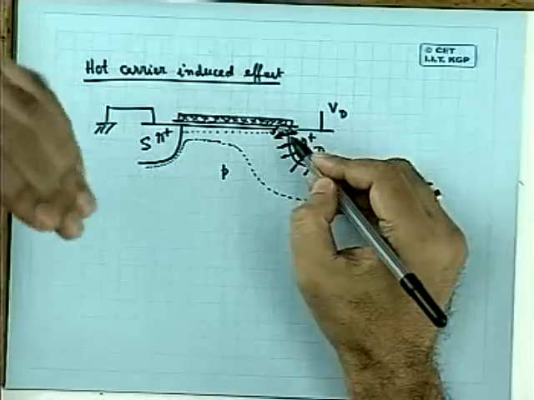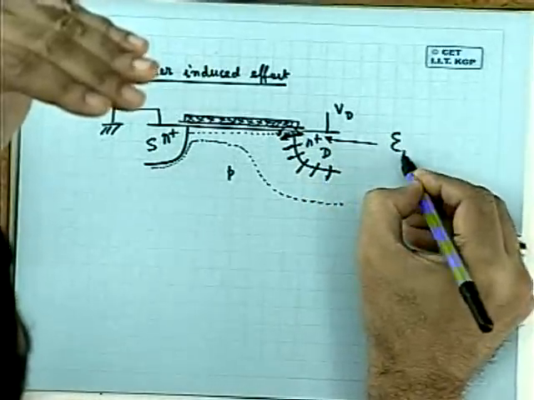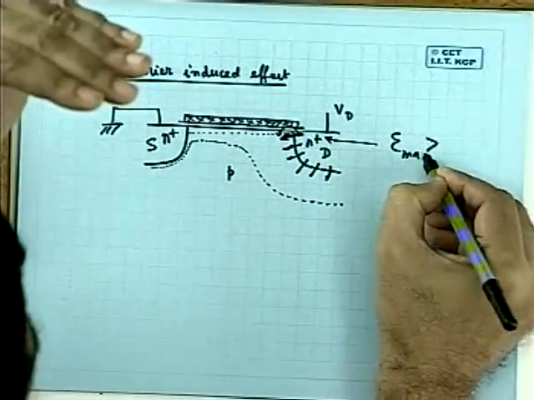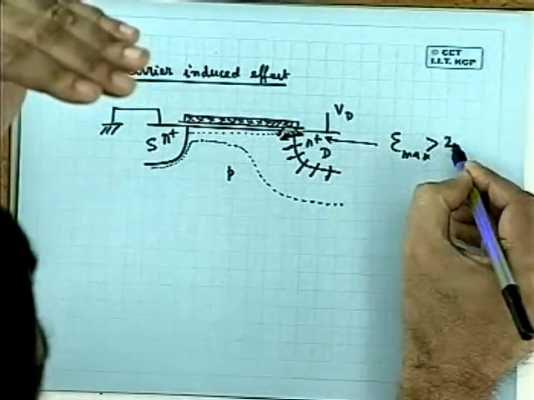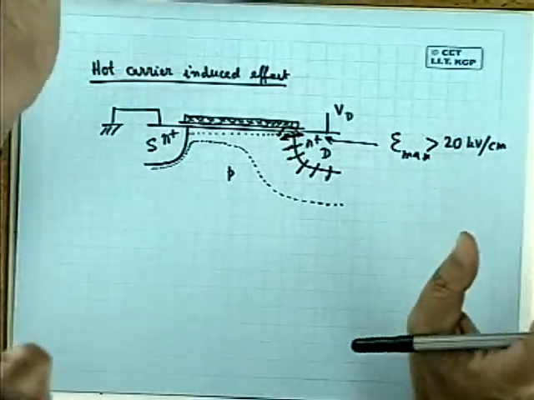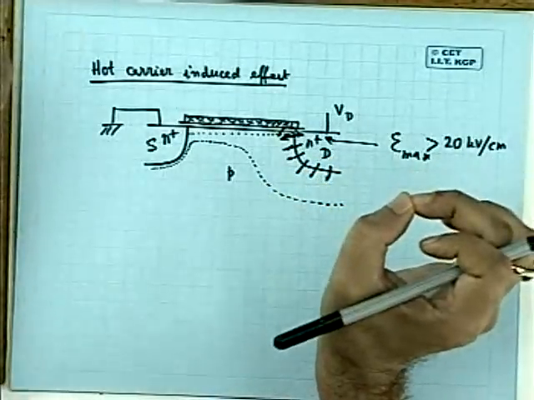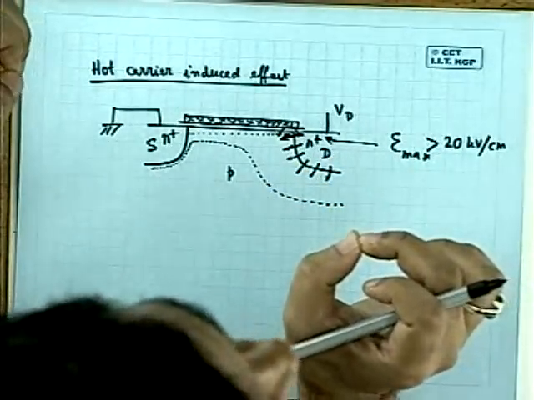And remember, this electric field may be quite in excess of about 10 to 20 kilovolt per centimeter. The electric field over this region, Emax, usually exceeds about 20 kilovolt per centimeter, because it is such a small device that even applying 3 volts means a very strong electric field.